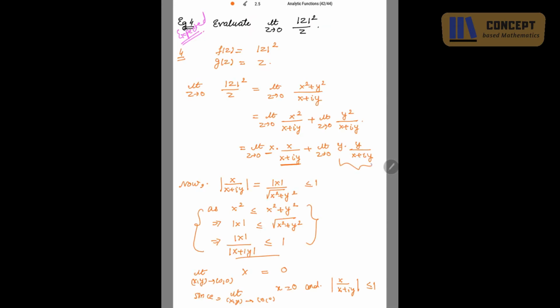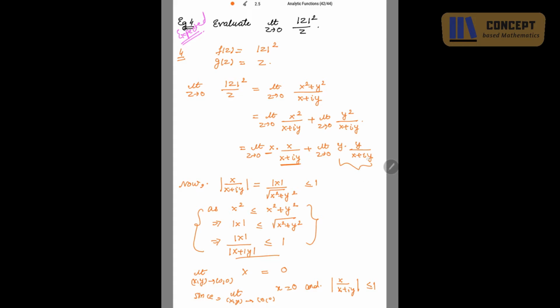Similarly, do the second part also. Consider mod of y over x plus iota y, which is also less than or equal to 1. If we write y square less than or equal to x square plus y square, on the symmetry basis, this limit is also tending to 0.